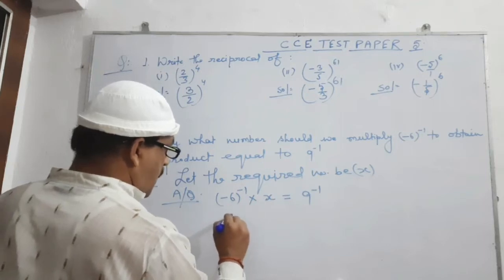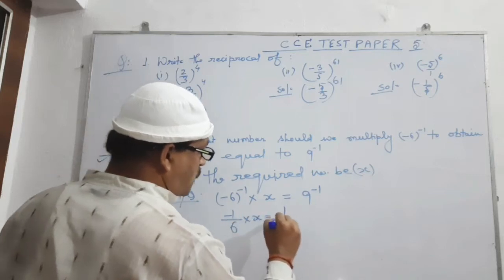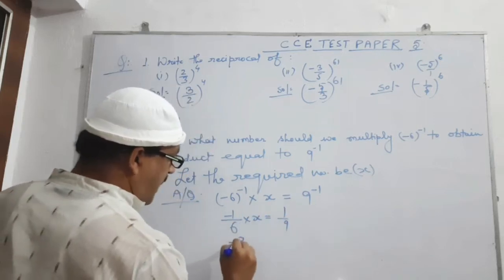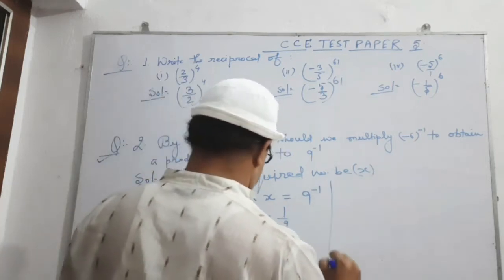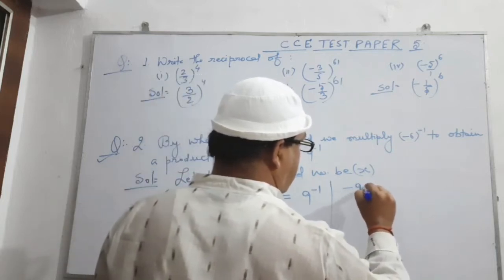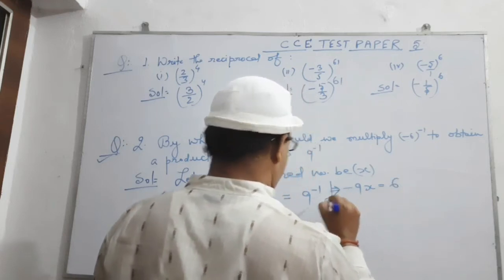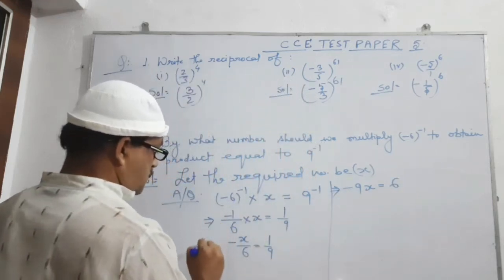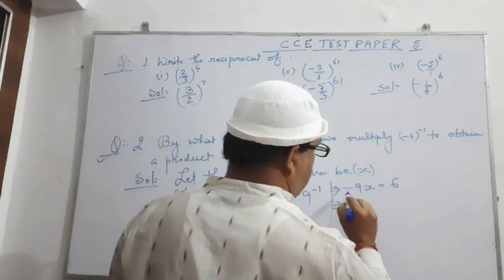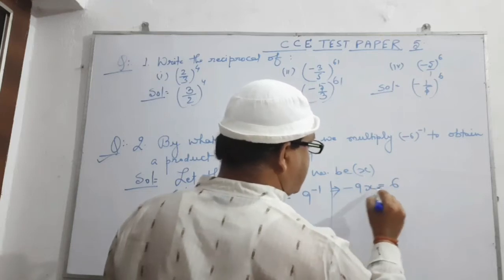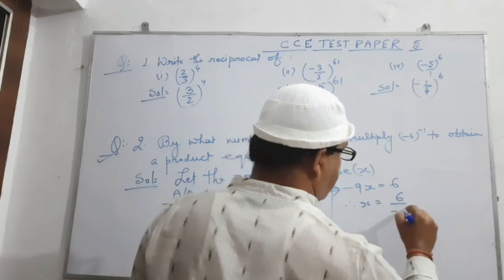Here minus 1 by 6 into x is equal to 1 by 9, so minus x by 6 is equal to 1 by 9. Then minus 9x is equal to 6, so x is equal to 6 by minus 9.